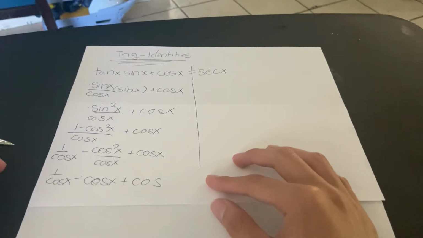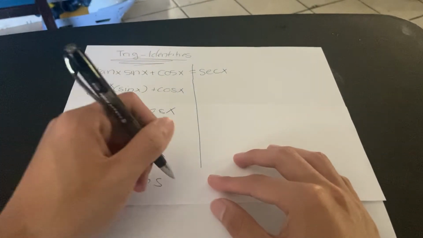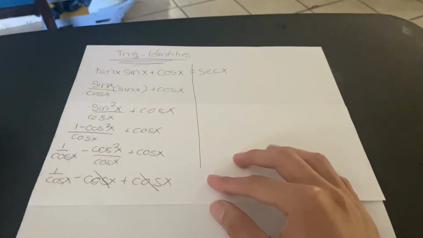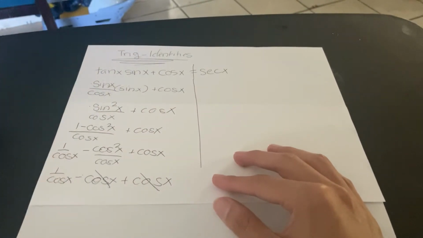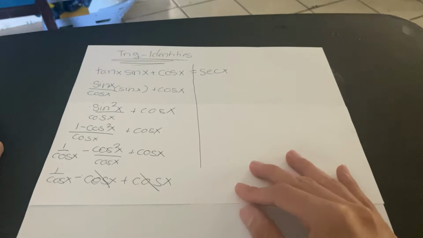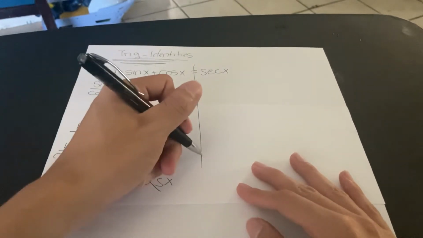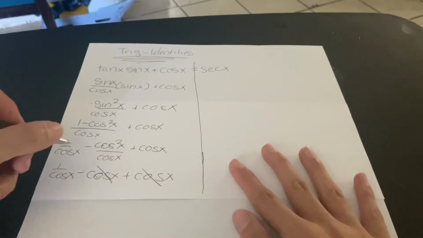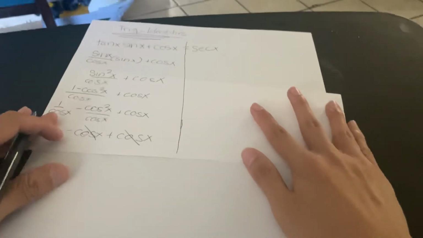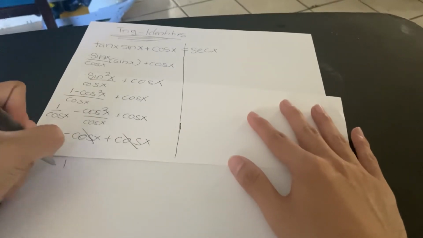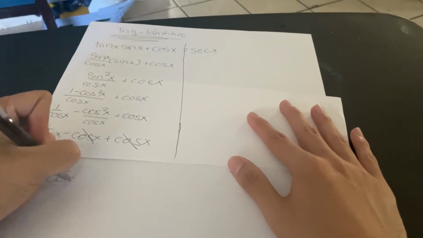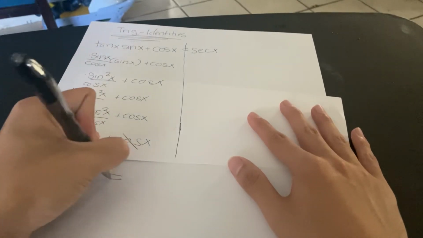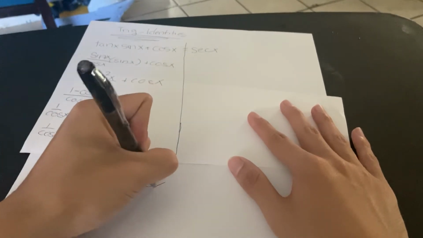And now we can see that these two, for our x here, cancel out. They strictly just cancel out, right? So in this case, we're gonna draw our line here back longer. So we're left with 1 over cos of x.